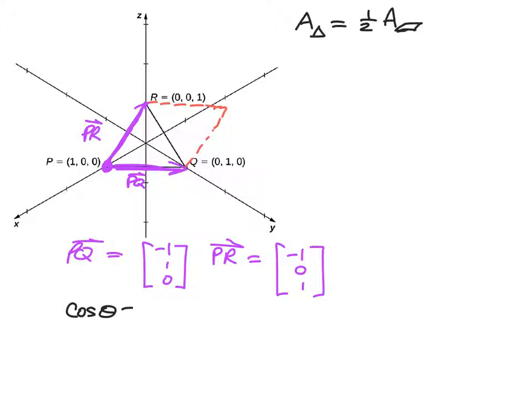So cosine of theta is equal to, again, u dot v over the magnitudes multiplied, but in this case it's PQ dotted against PR and those magnitudes multiplied.